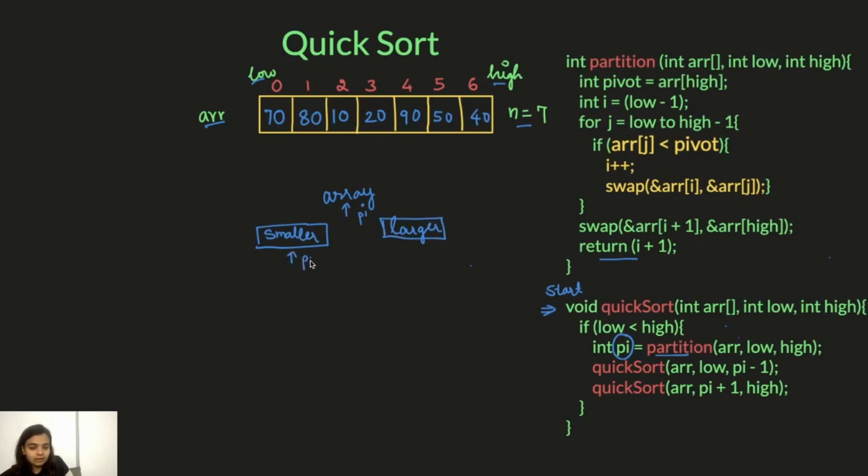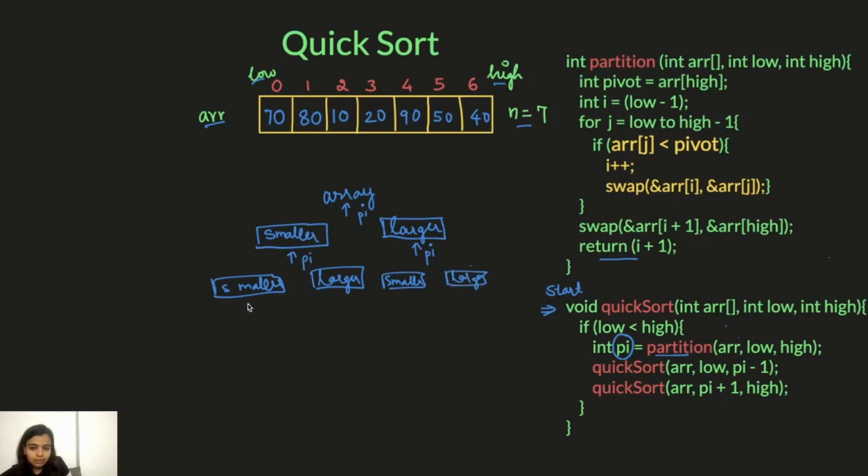Again we will assign a pivot element, and all the elements smaller than this pivot will come here and form an array, and all the larger elements will come to the right side. Same for this one: smaller will come here and the larger will come here.